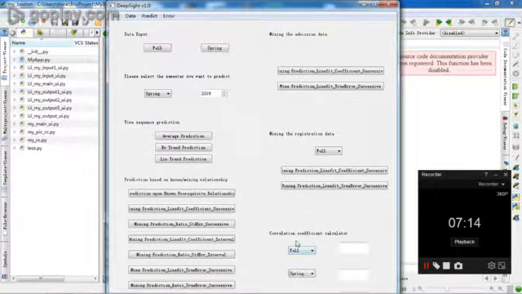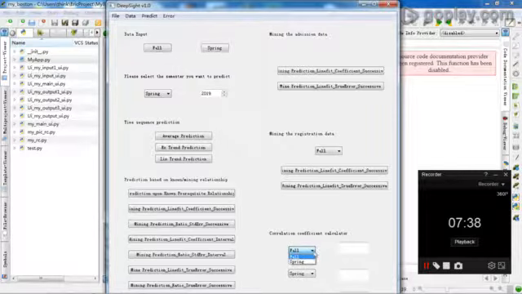And the last part is a correlation coefficient calculator, which means that if you want to figure out the relationship of two different courses, any courses, you can calculate the correlation coefficient of any two courses.